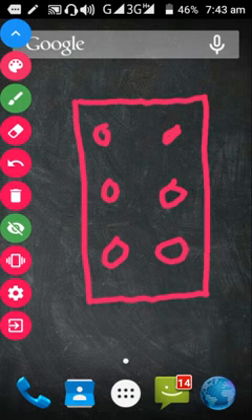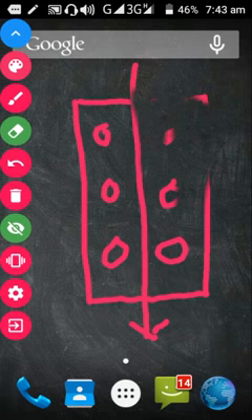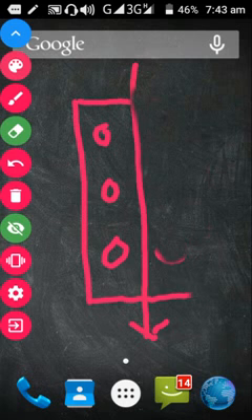They have edges because when we break the crystalline solid in this direction, we obtain this type of edge.